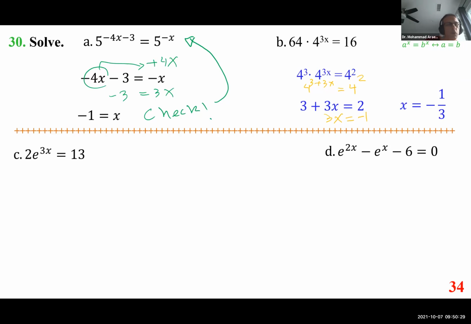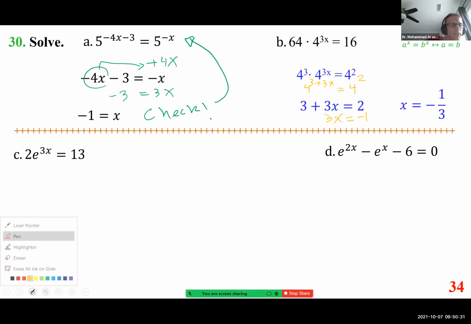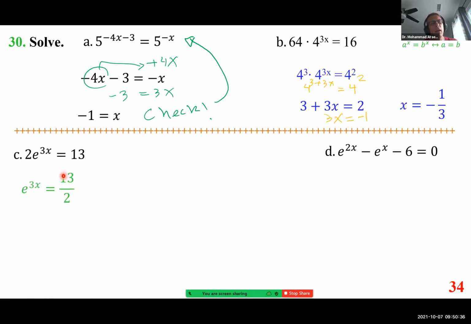If I want to solve part C, first I divide by 2. And now in order to get to the exponents, I need to take a log. Since the base is e, I'm going to take a natural log of both sides. So ln of the left side, which is 3x, equals ln of the right side.